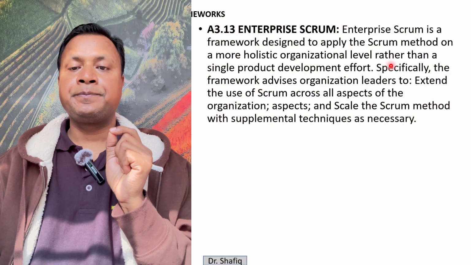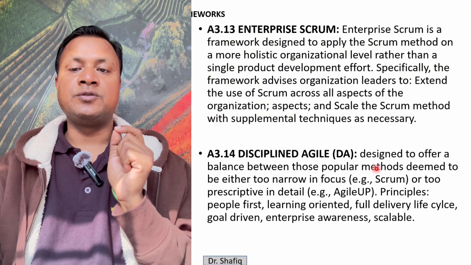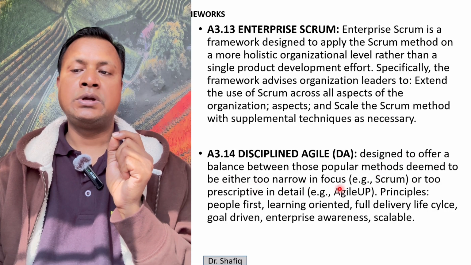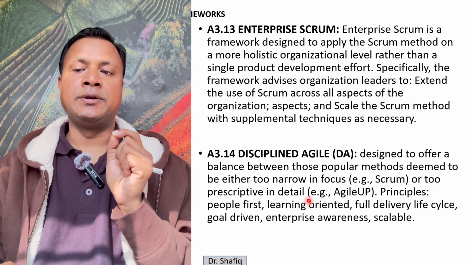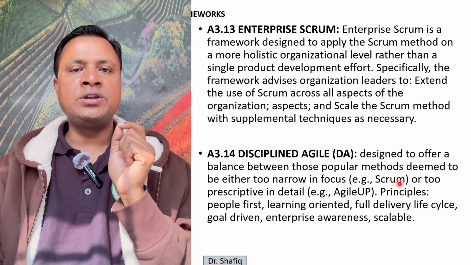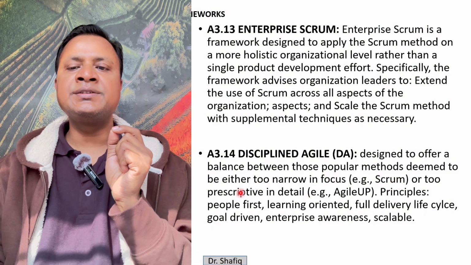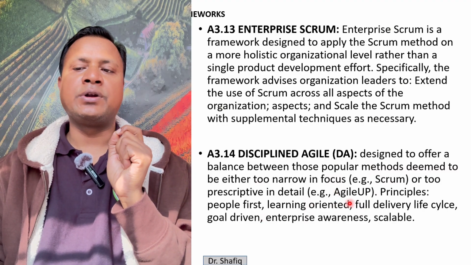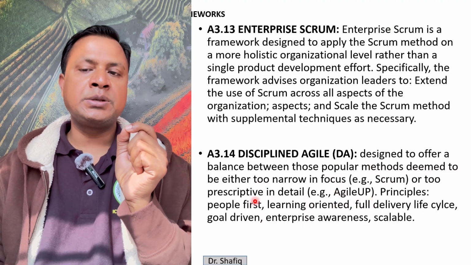On the other hand, disciplined agile addresses the problem of being too narrow in focus or too prescriptive in detail. If you call it only Scrum, it's actually too narrow in focus on one product. If you talk about Agile UP, it's too prescriptive in detail.